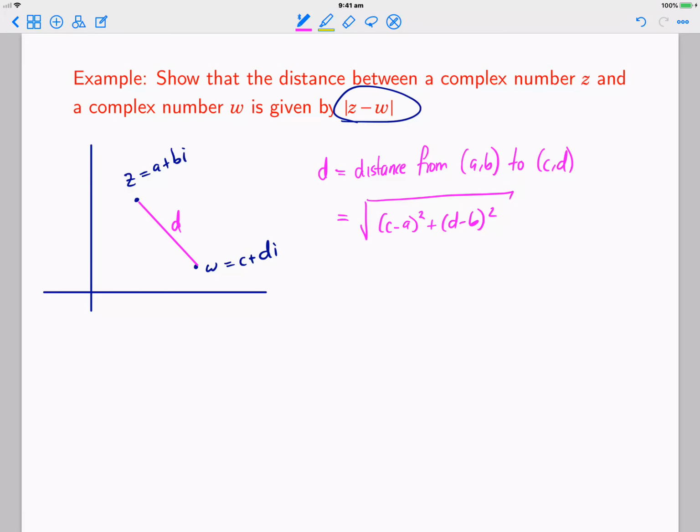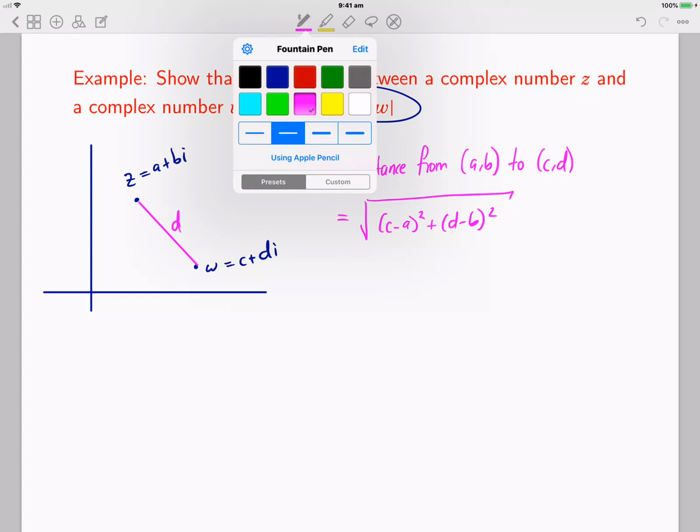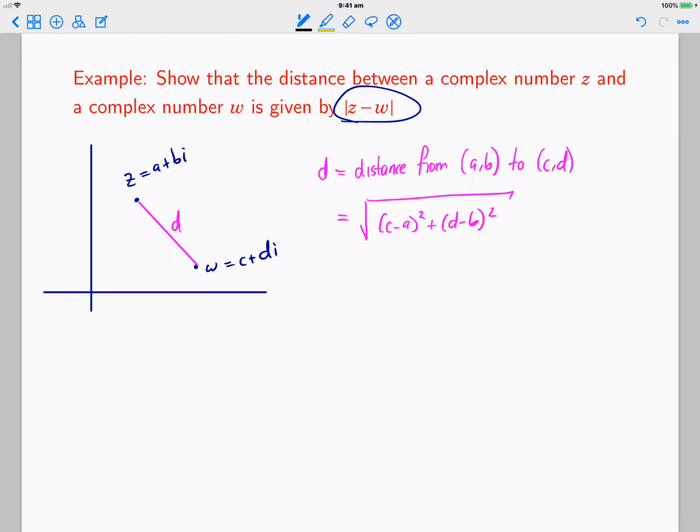Right? Now, let's show that this is the same as saying the modulus of z minus w. Well, if I figure out the modulus of z minus w, then this becomes the modulus of a plus bi minus (c plus di).